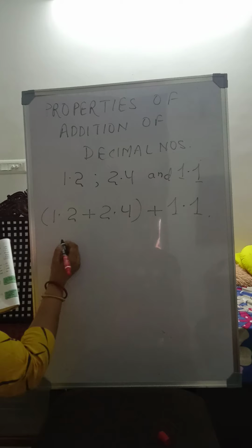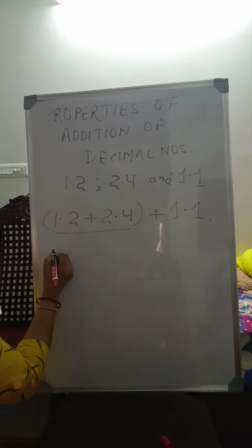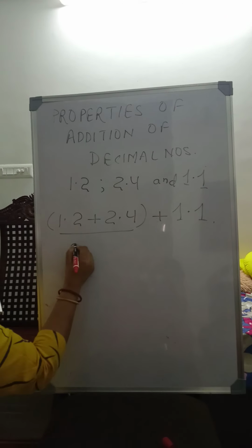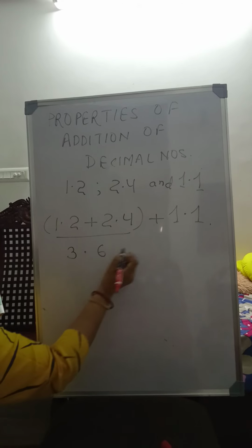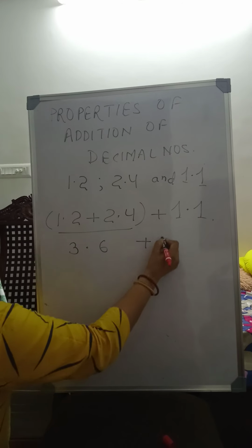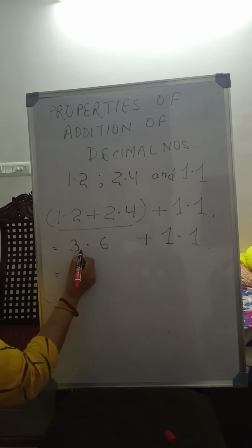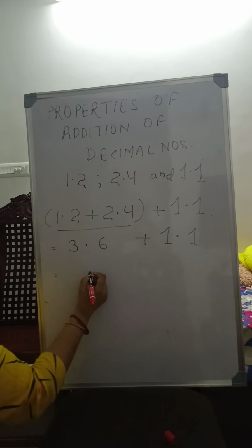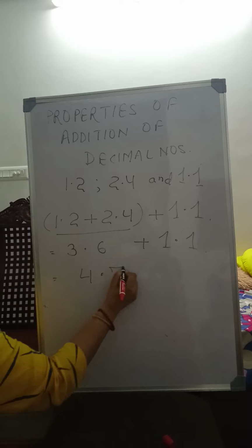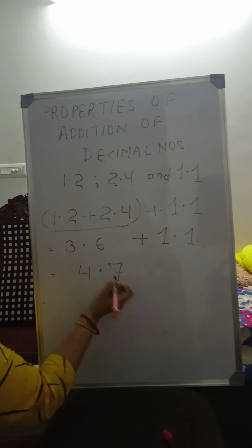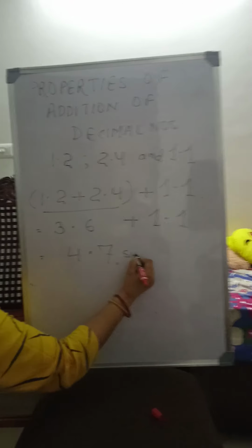Firstly solve this group, that is 3.6. It is added with 1.1. Next step, add these two, it is 4.7. Here you see that this is the sum.